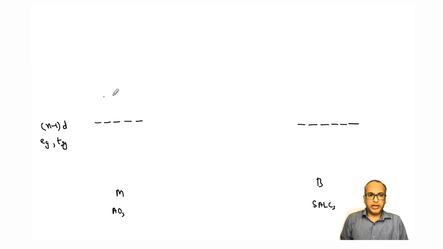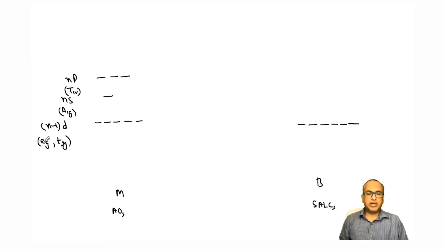Then you have the S orbital, ns, let's say, which will have A1G symmetry. Then you have 3 p orbitals, np, which will have T1U symmetry, right?